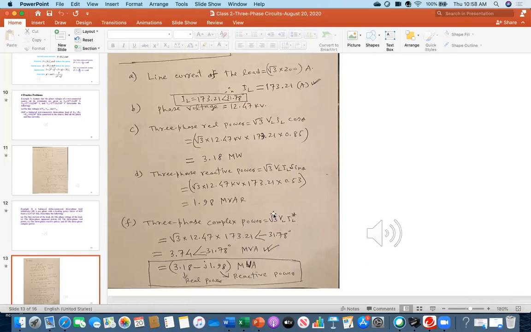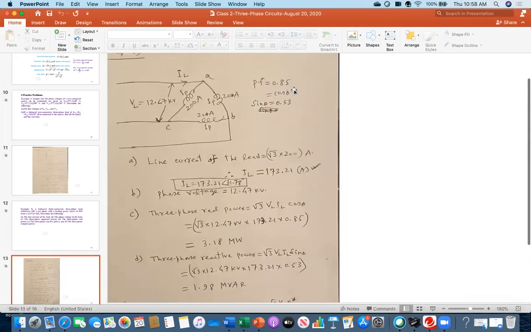But I was explaining that IL conjugate. Do you understand this one? You see here, initially for part A, this is the magnitude, whatever 346 point something. But then you have to consider the angle to represent a vector quantity. And that angle 31.78 I got from here: you find the theta from cos theta 0.85.